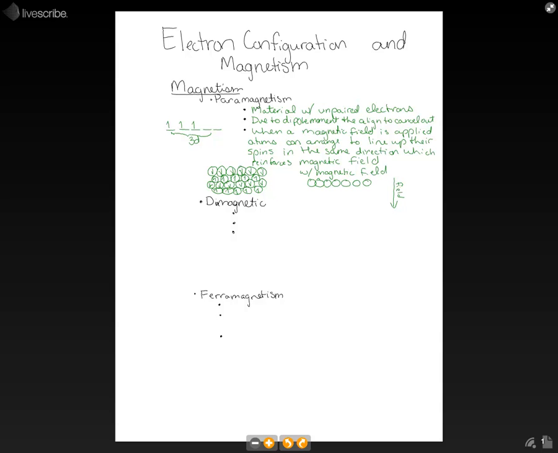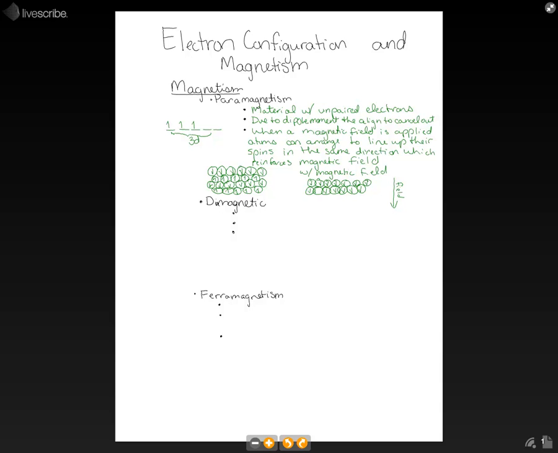When we add in all of our atoms here, whatever material we have, they're all also going to go in that same direction. Because the force of that magnetic field is going to be stronger than those dipole forces.